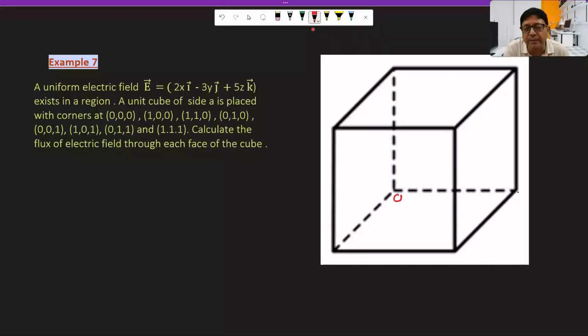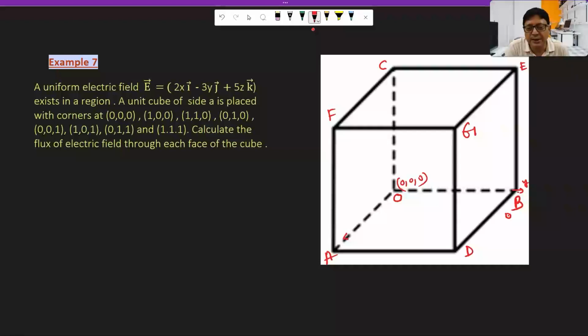Again we name O, A, B, C, D, E, F, G. So this is at the origin. We have taken 0, 0, 0. This is your y-axis.